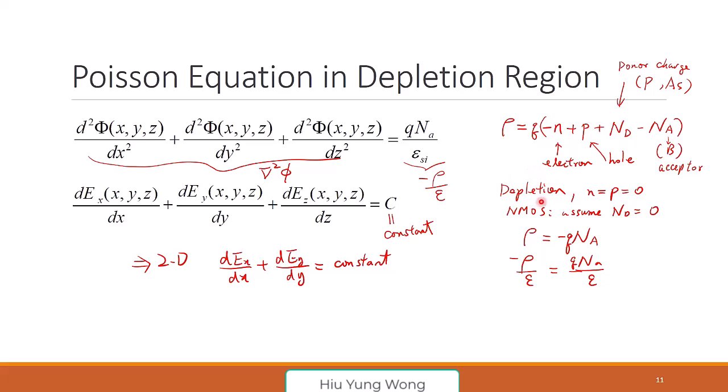You know that at depletion, the carriers have to be 0. That's why you get this term, and that's how you change the Poisson equation to this. It has a special conclusion that the changes of the electric field components in all directions sum up to a constant. You might use it later, or you might not, but it's just an exercise. I hope you can follow me. Any questions?